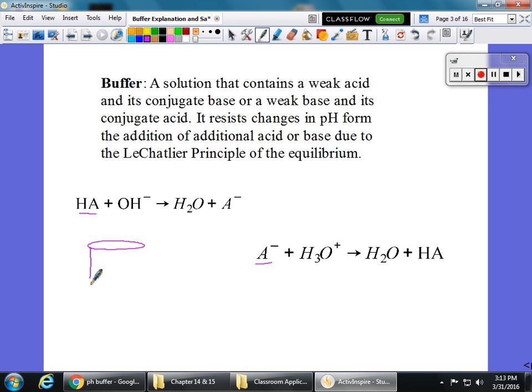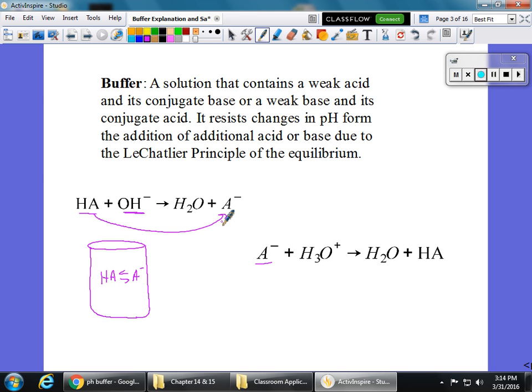If I have a container that's a buffer, I'm going to have my acid in equilibrium with its conjugate base, and by adding strong base, that's hydroxide, you can convert the acid into its conjugate.